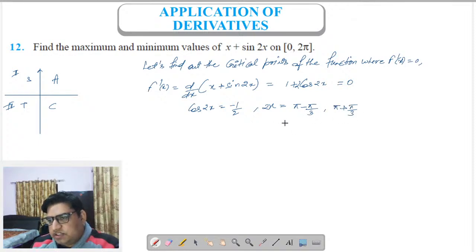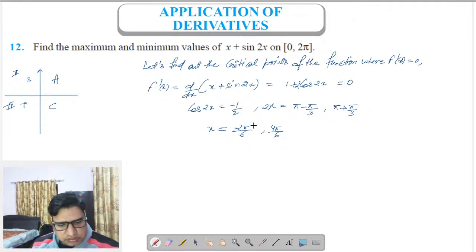For these two values, cos will be minus 1 by 2, and from here we get x equal to 2 pi by 6, and here we get 4 pi by 6. These are the two values where it will be minus 1 by 2. This is how we get to know.